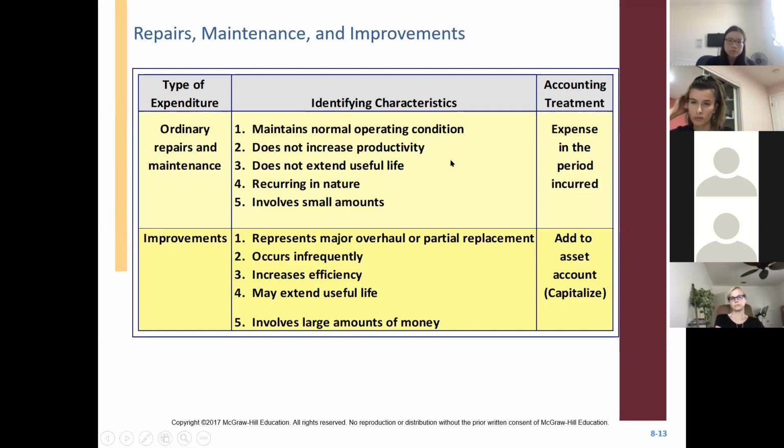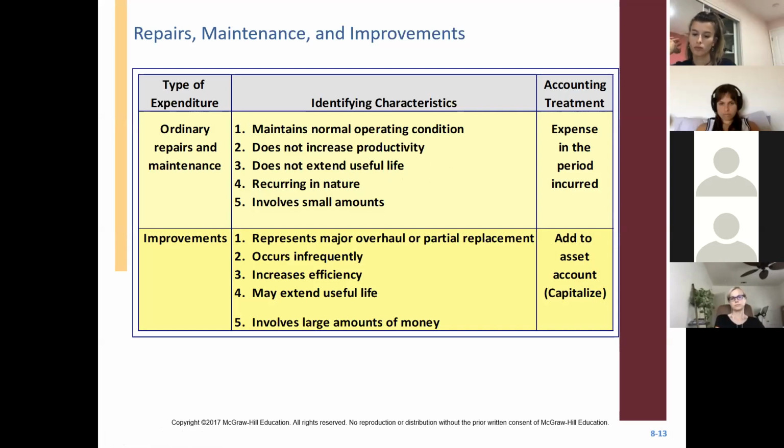For example, a company bought a $500,000 truck. To keep that truck running, they have to change the oil every month. They have to put $500 worth of oil in that truck every month. That is just an ordinary maintenance expense. They need to change the filters.